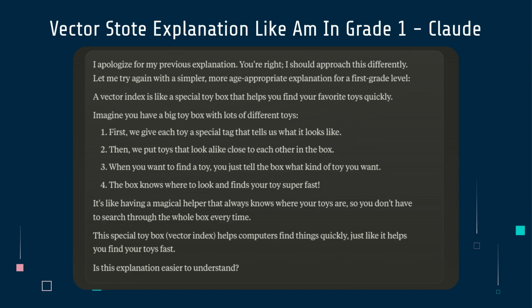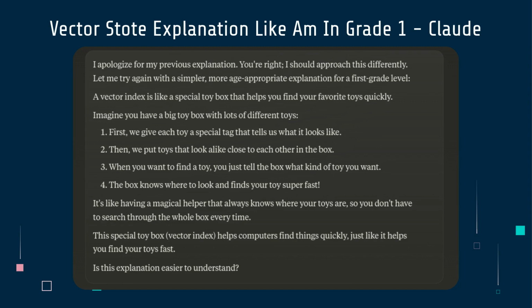When you want to find a toy, you just tell the box what kind of toy you want. The box knows where to look and finds your toy very fast, because all the toys have been grouped together and classified into different sections. It's like having a magic helper that always knows where your toys are. You don't have to search through the whole box every time, because it has an idea of where everything is, so the search is much faster than when it doesn't know where things are.